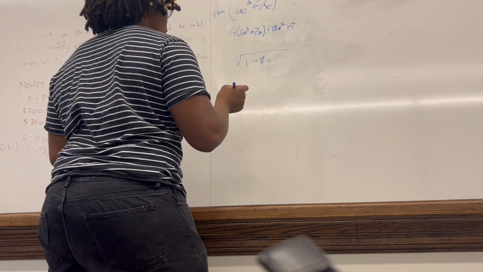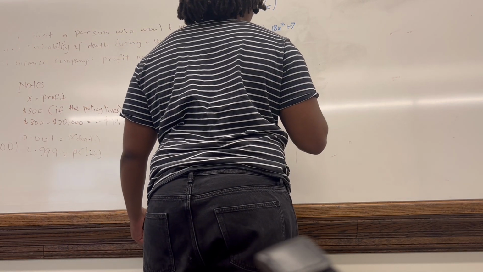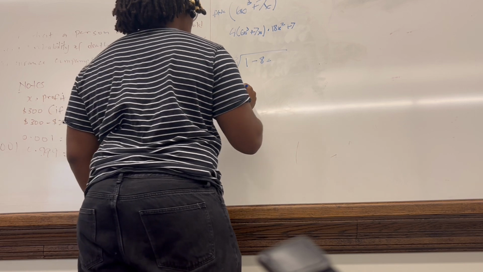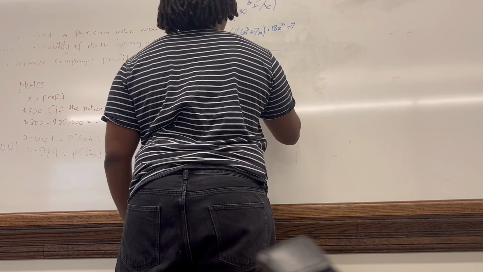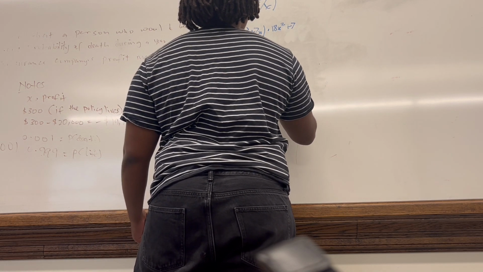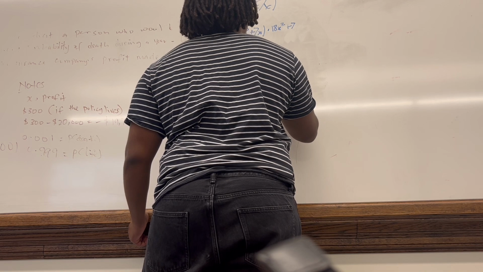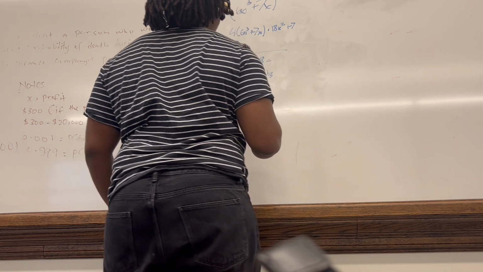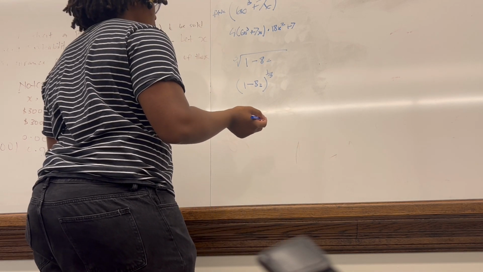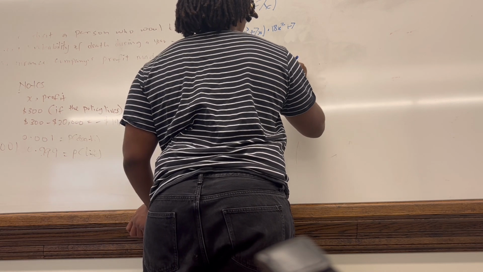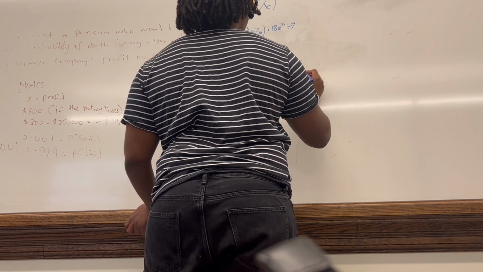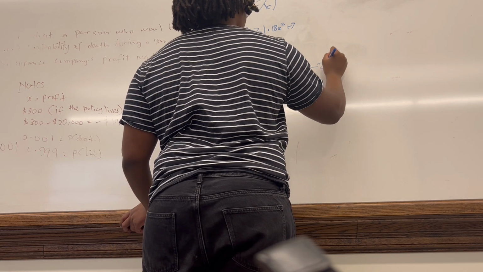We're going to remove the radical, and that's going to be 1 minus 8z to the power of 1 over 3. Again, pretty simple. It's going to be 1 over 3 times 1 minus 8z.